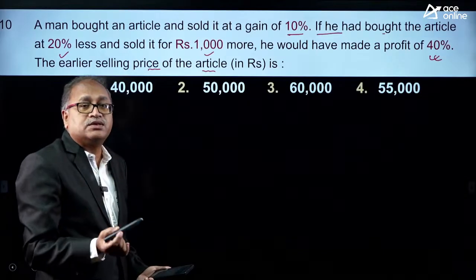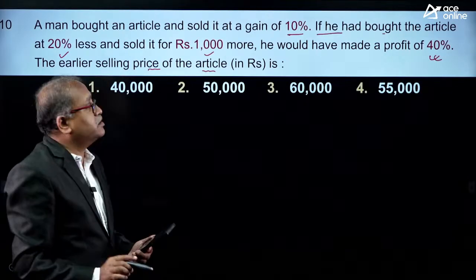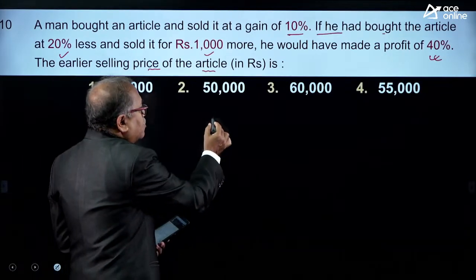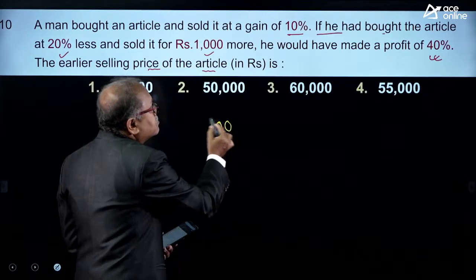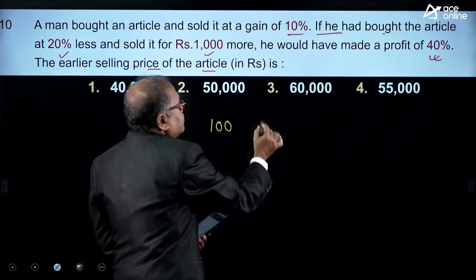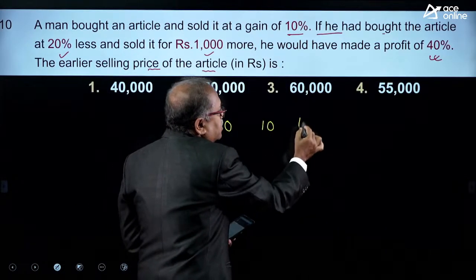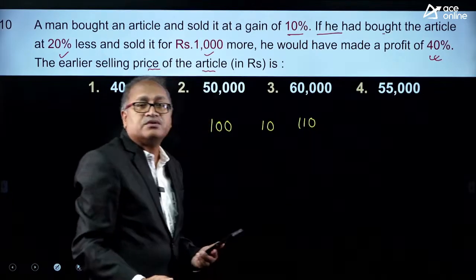Look at the way to answer the question in the simplest way. Say the cost price is 100. There is 10% profit, so selling price is 110.